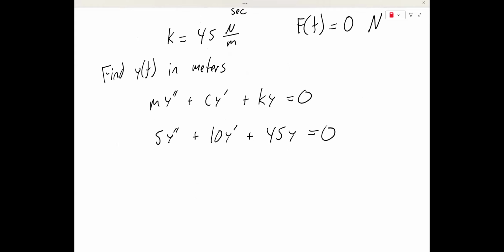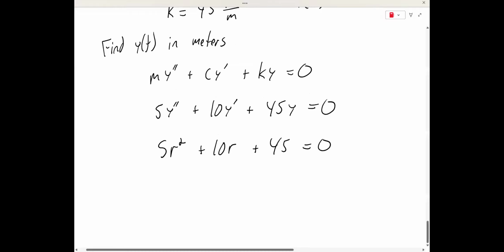If you go through it here, I could write the characteristic equation like this, right? 5r squared plus 10r plus 45 equals 0. So I need to solve this. I could divide through by 5, multiply it through by 1/5. So you get r squared plus 2r plus 9 equals 0. I'm trying to solve the characteristic equation here.